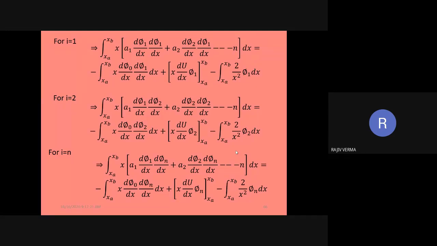And in the next equation, we are going to represent these equations in a matrix form, because in finite element method, we always talk of equations in terms of matrices, primarily because plenty of numerical routines are available which deal with matrices. So we are going to arrange all these equations in a matrix form, that is this equation.